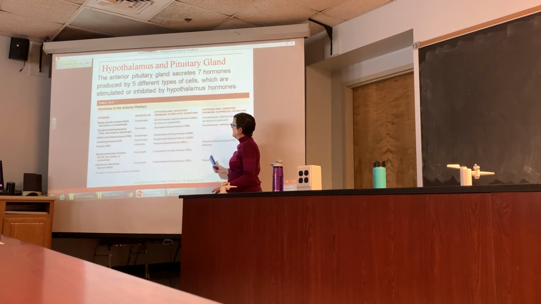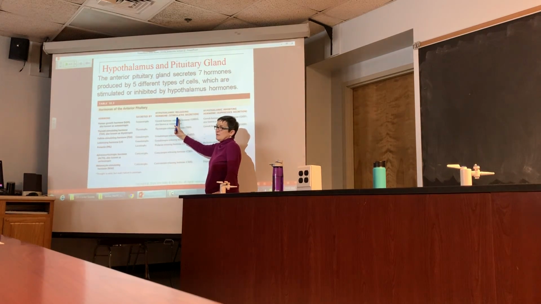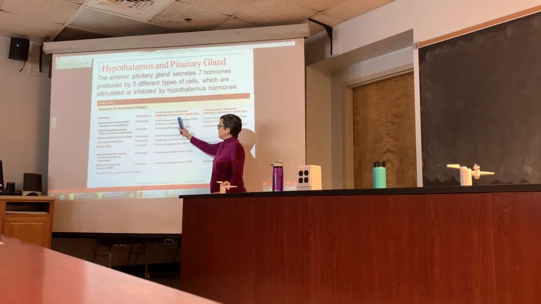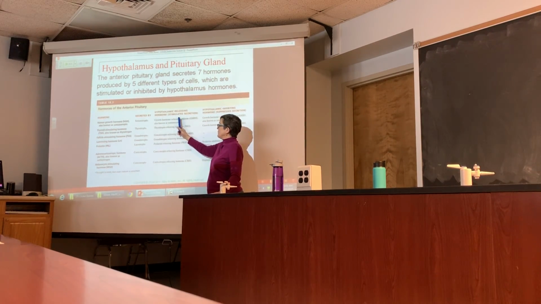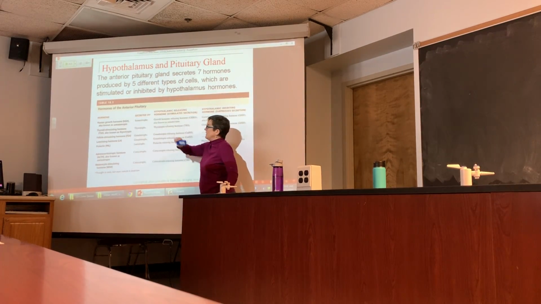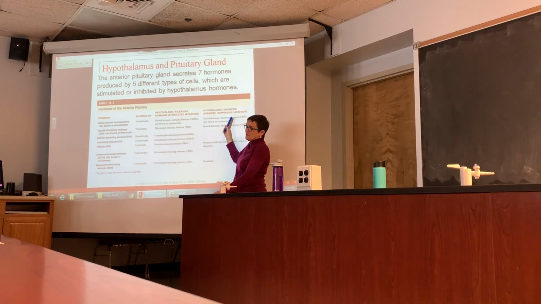But notice that in some cases you have a releasing hormone that stimulates, like in this case, human growth hormone. So the growth hormone releasing hormone stimulates, and this is coming from the hypothalamus, the release of human growth hormone. But you also have growth hormone inhibiting hormone, which inhibits or stops the production. Inhibits means to slow down or stop something.